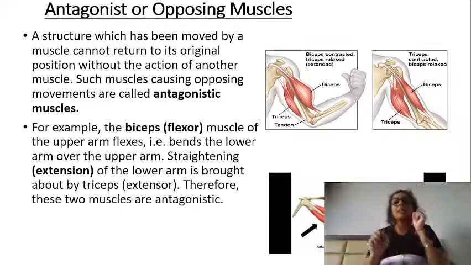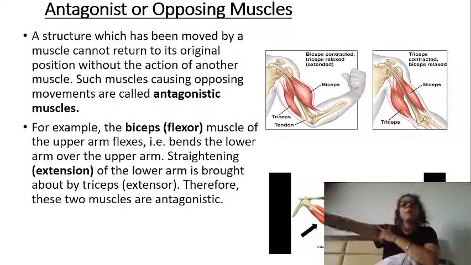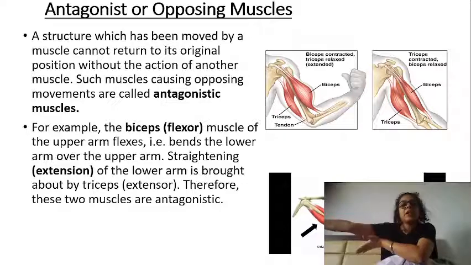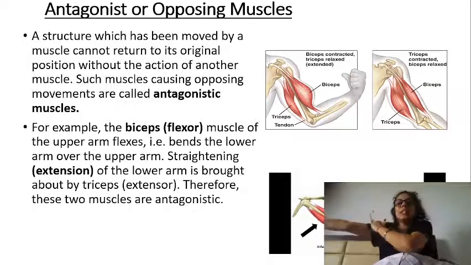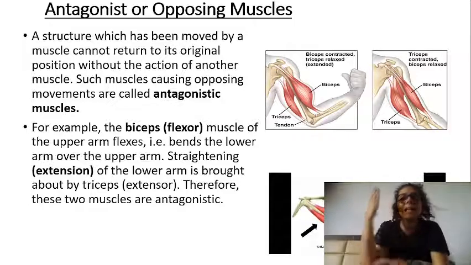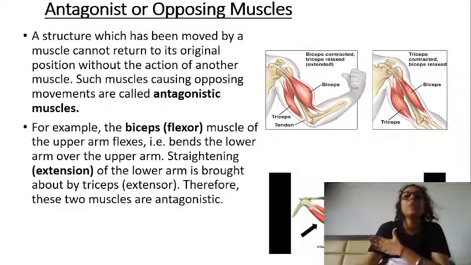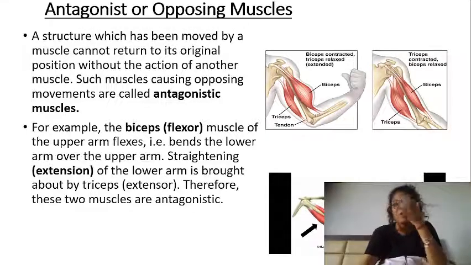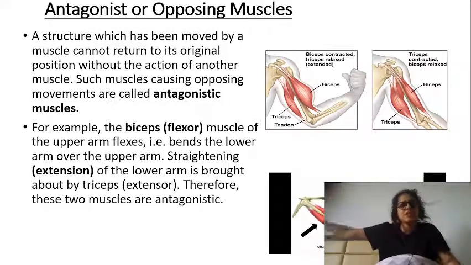Why? Because when the biceps was relaxed and the triceps was contracted, that was basically our initial situation. But when we lifted our hand back, at that time the biceps had to be in a contracted position, because we hardly waited 1 or 2 seconds, and again we stretched our hand.